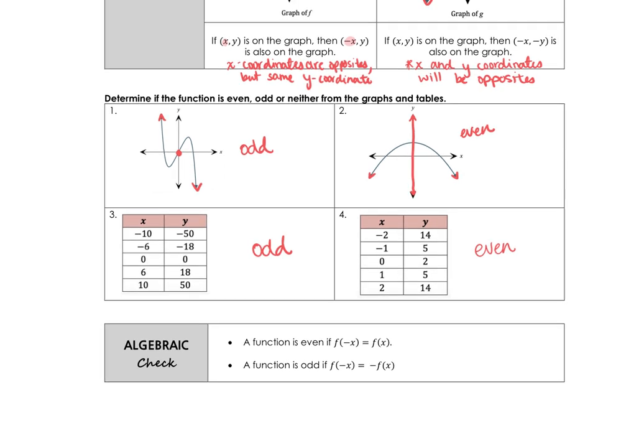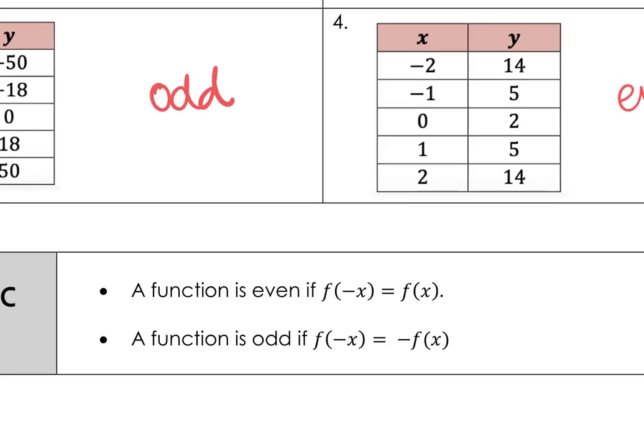The next thing we're going to look at is how do we check this algebraically. So a function is even if f of negative x equals f of x, meaning when I plug in a negative x value, I get the same y. That's what we said even functions were. They have the opposite x's but the same y. So if I plug in a negative x, the output is going to be the same as it was when I plugged in a positive x.